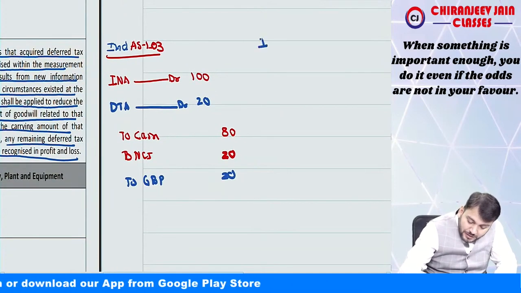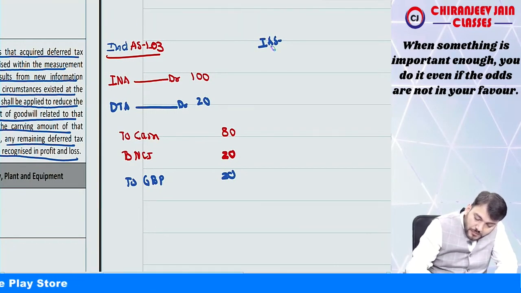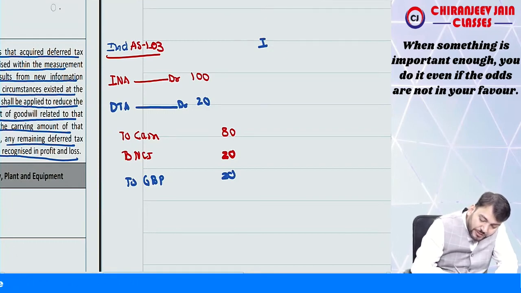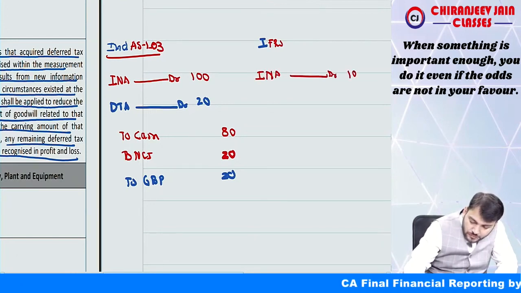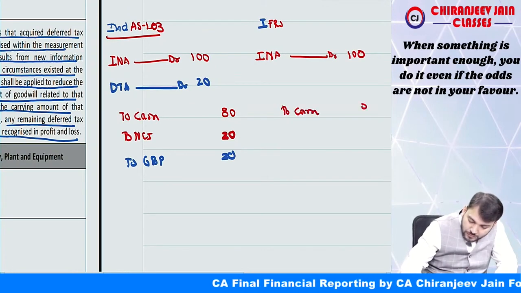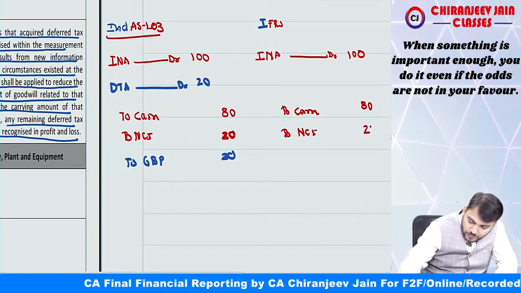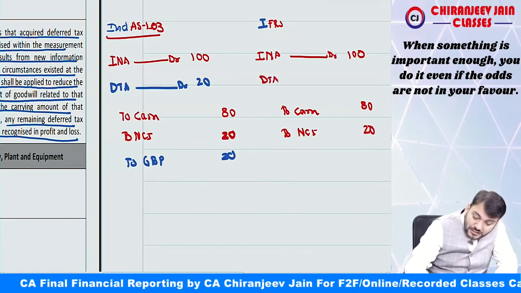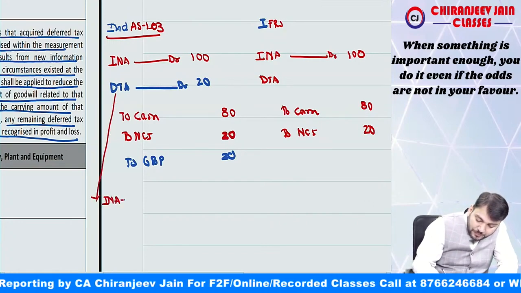But under IFRS 3, as per IFRS 3, if such a situation arises, are you getting what I'm saying? And suppose there is a DTA. This DTA you created as per Ind AS 12.